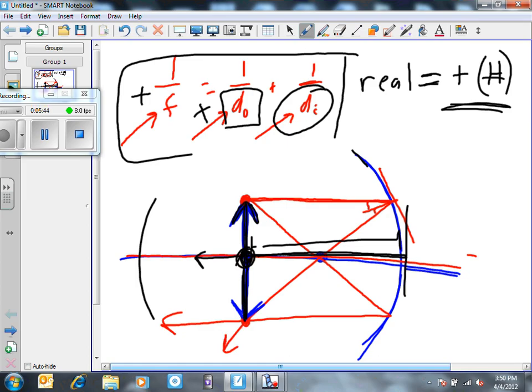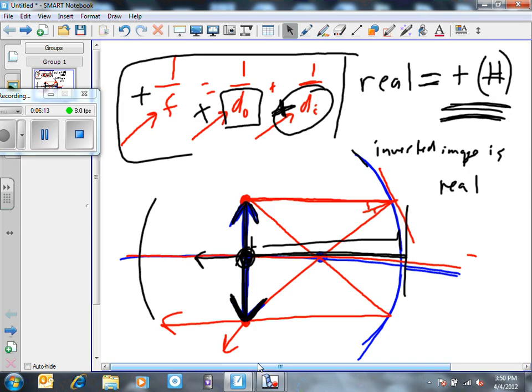The one thing you have to remember is if the image is inverted and you've done your ray tracing correctly, then it's real. So an inverted image is real, and therefore the image number here would be positive in this case as well.